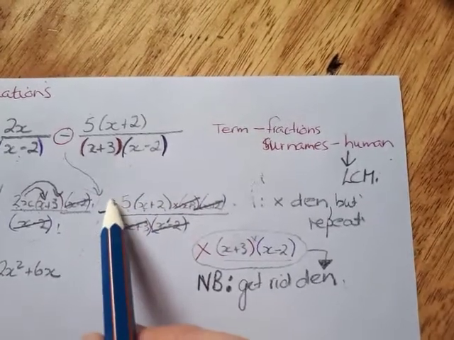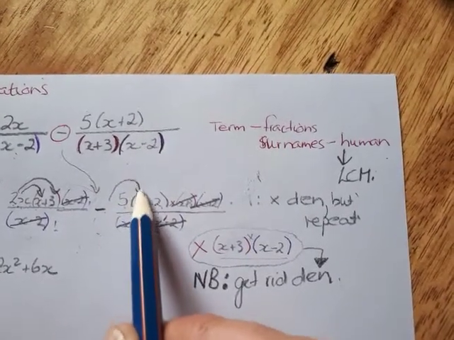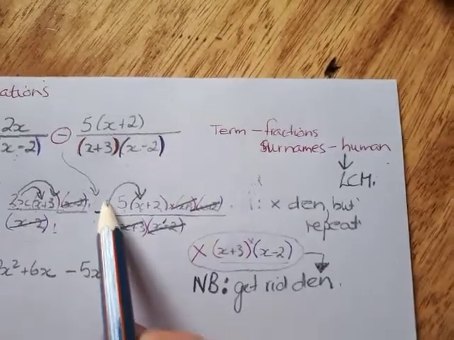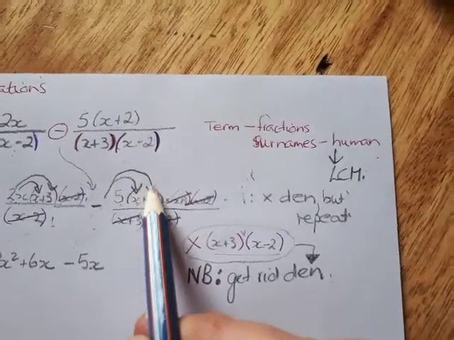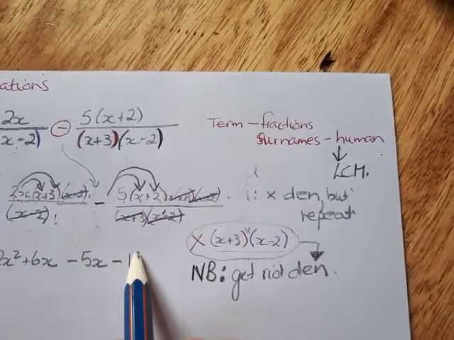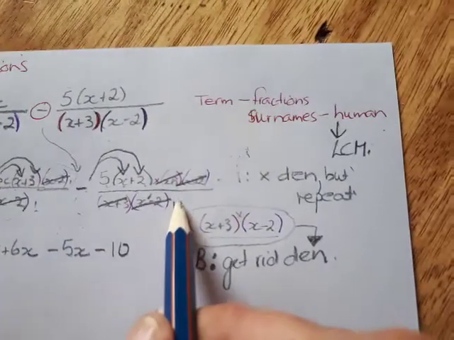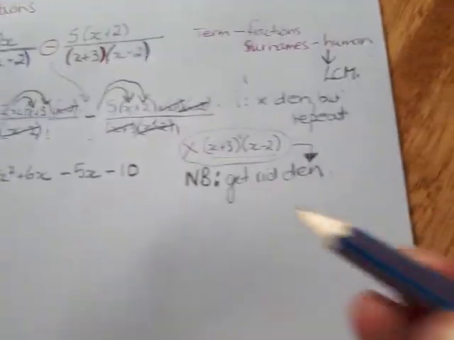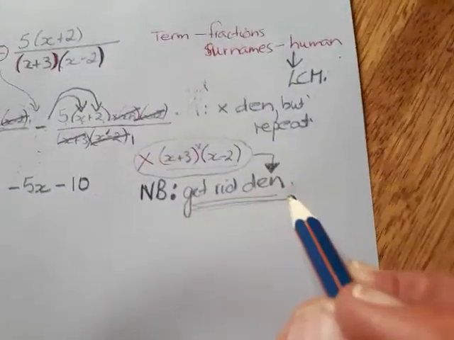Okay, so we're going to calculate negative 5 times x is negative 5x, and then negative 5 times 2 is negative 10. And my denominator is 1, which I'm not going to write. That means I got rid of the denominator.